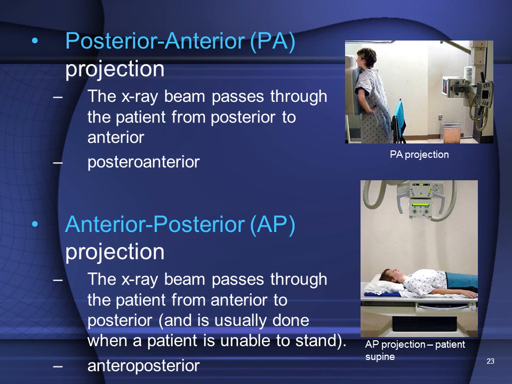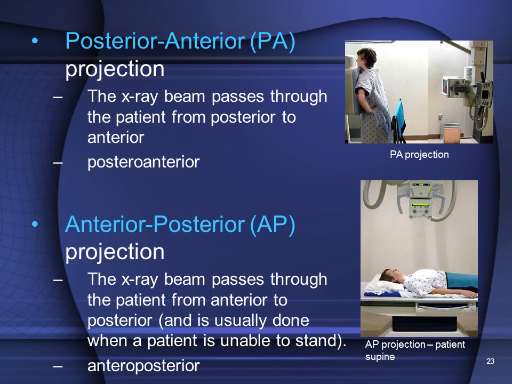Again, this is the posterior anterior or PA projection. And notice how the patient's hands are on their hips and the elbows are forced forward toward the cassette, and this rotates the scapula out of the way of the apices of the lung fields so that they can be clearly viewed on the x-ray film.